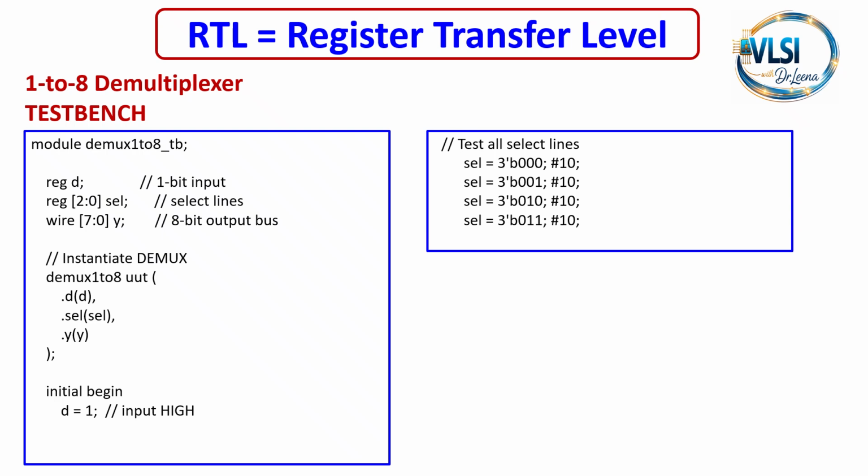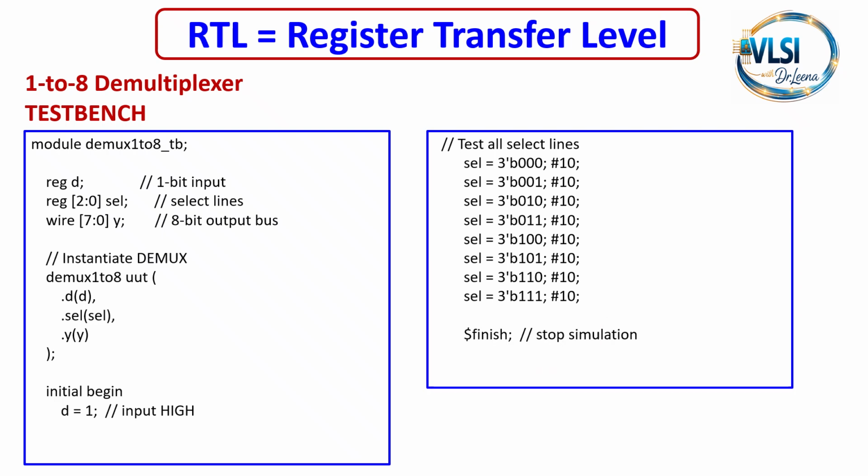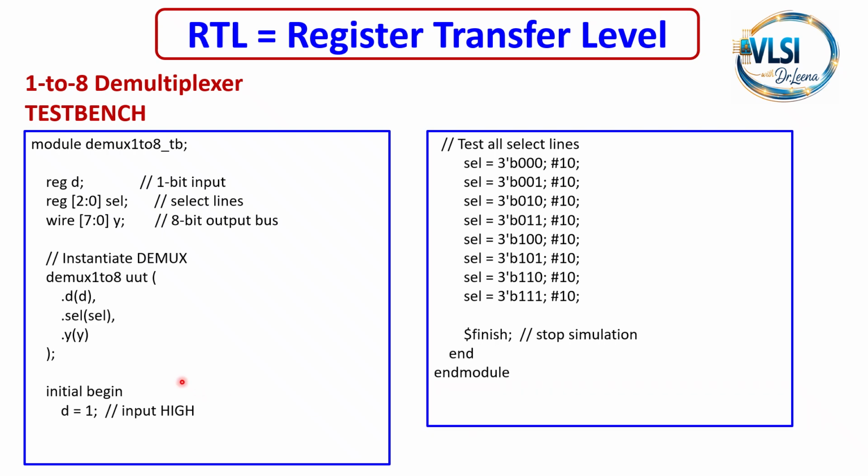Similarly, it will do this for all conditions. And then finally, when sel is 1, 1, 1, it selects the output Y7 and waits for 10 time units to verify the final case. And then it stops the simulation after all select values are tested. Then it ends, and finally it ends the module.